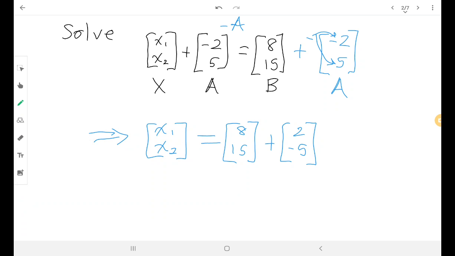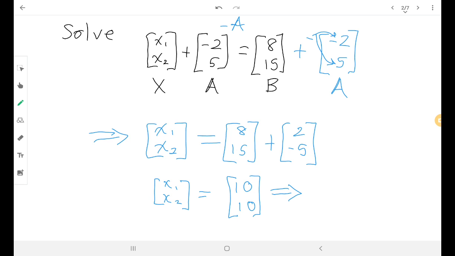And then I just need to figure out answers here. And you do elements with their matching elements. Okay? So 8 plus 2 is 10, and then 15 plus -5 is 10. It's a coincidence that they happen to both be 10 and doesn't mean anything.